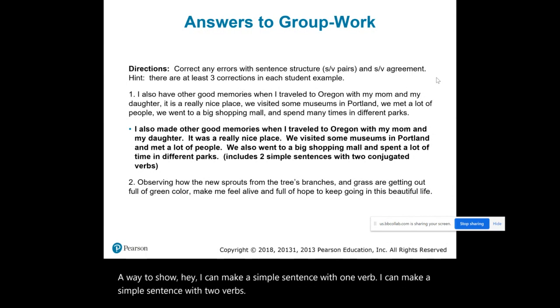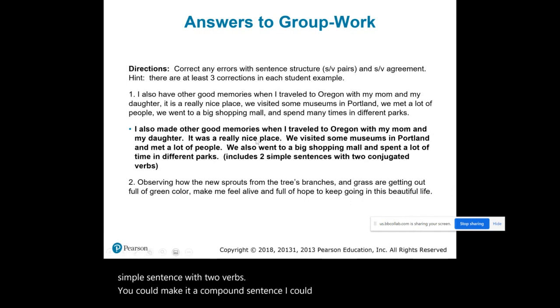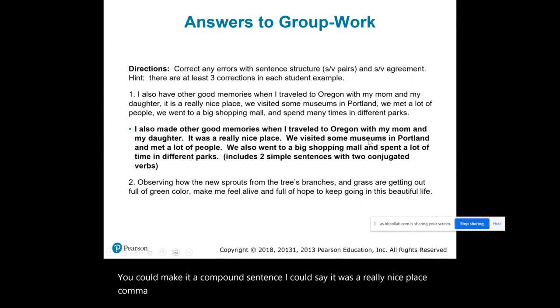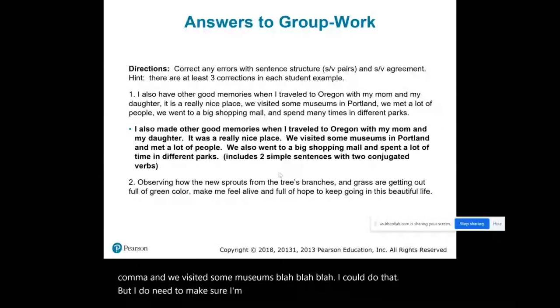You could make it a compound sentence. I could say, it was a really nice place, comma, and we visited some museums, blah, blah, blah. I could do that, but I do need to make sure I'm separating subject and verb pairs correctly.